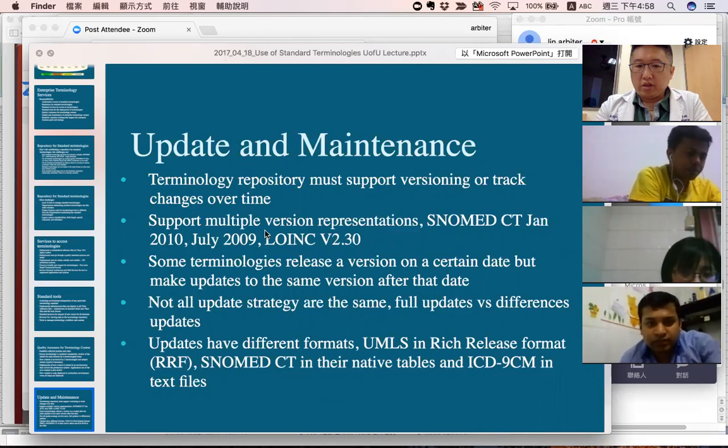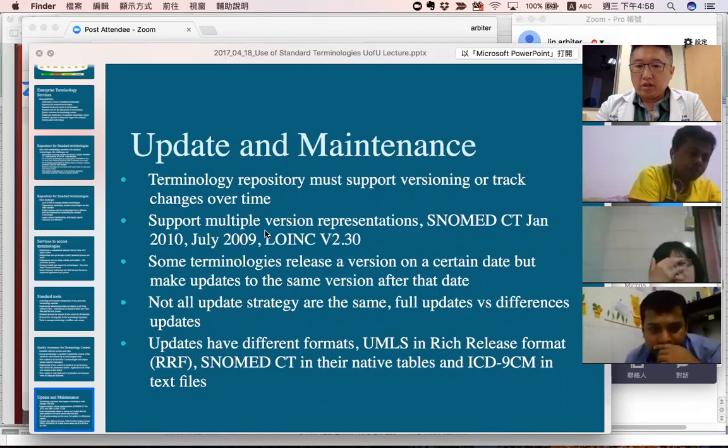We know LOINC, ICD-9, ICD-10 are still actively changing, so we maintain the structure. So far, I haven't read any good paper talking about maintenance. They just realize it's important, but people haven't reached this step yet because right now people are still struggling with the mapping.